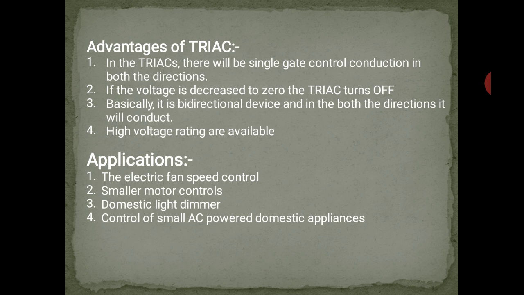And the applications of the triac are many, in electric switching applications like electric fan speed control, small motor control, domestic light dimmer, control of small AC power, and domestic appliances.